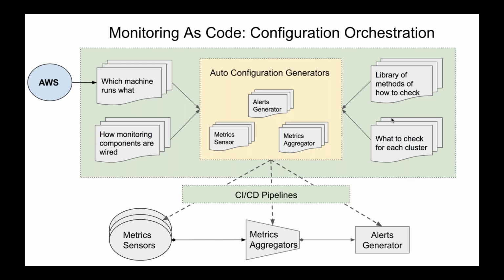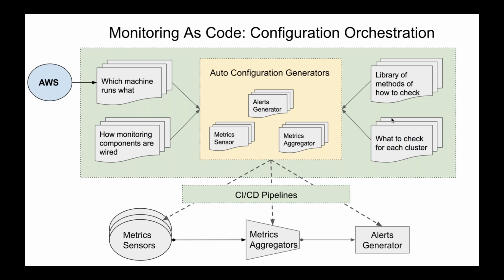First, we get a host map from AWS periodically, which tells us which machine runs what kind of services. And we also need to know how the monitoring components are wired, how they're connected together. And on the right-hand side, you can see we need a library of methods of how to check services and machines. And we also need a specification of what to check for each cluster.